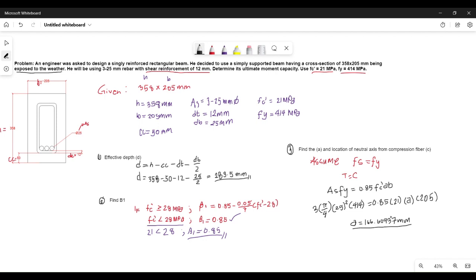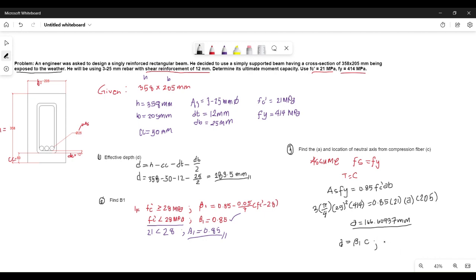So we have to find the location of neutral axis from the compression fiber, or yung c. So ang computation natin for our c is a equal to beta 1 c.